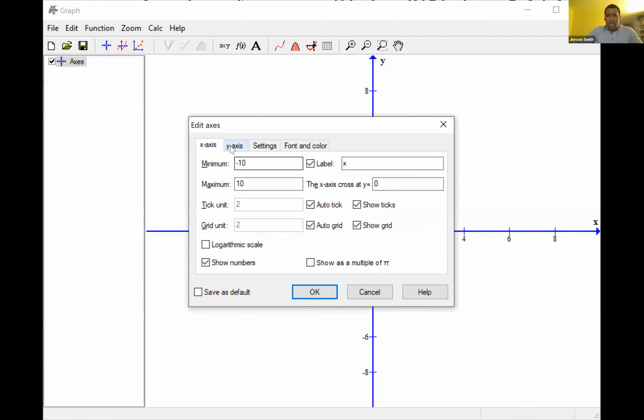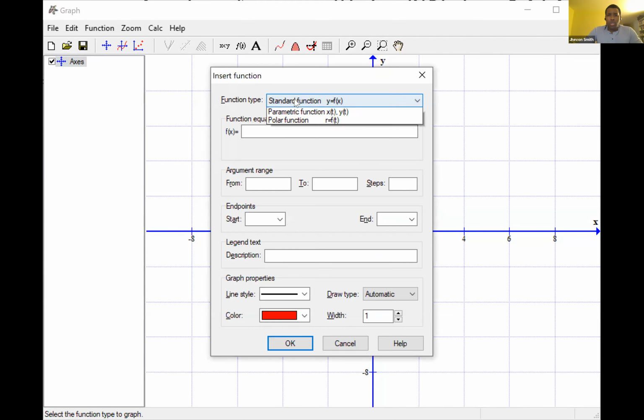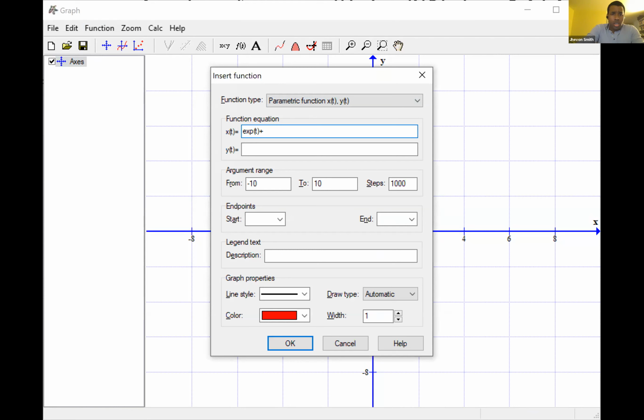Let's show grid. Insert function, we are going to insert not a polar, a parametric function. So x equals the exponential function evaluated at t plus the exponential function at minus t. Our y is 5 minus 2t.